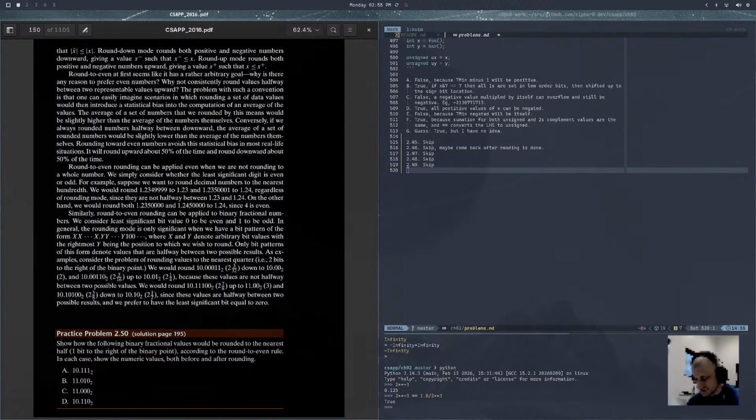Only bit patterns of this form denote values that are halfway between two possible results. As examples, consider the problem of rounding values to the nearest quarter. We would round these values up or down accordingly because they are not halfway between two possible values. We would round these other values down, since they are halfway between possible results, and we prefer to have the least significant bit equal to 0.